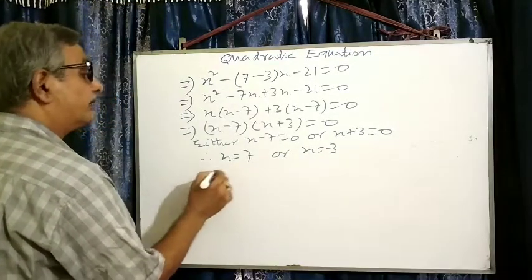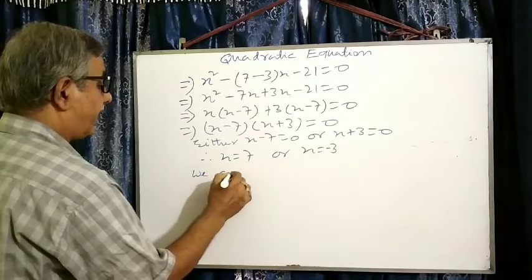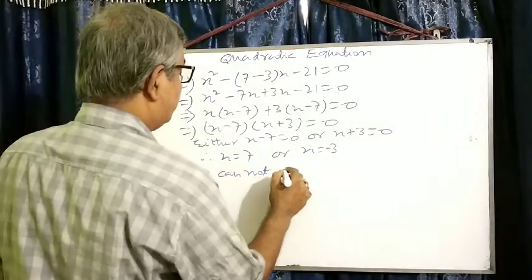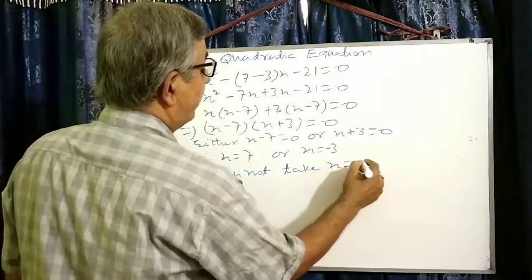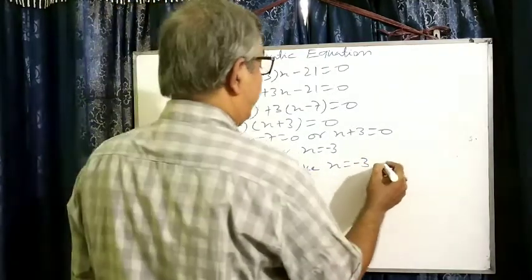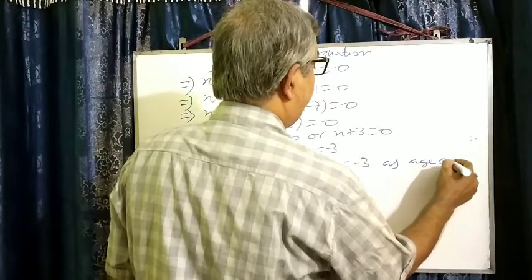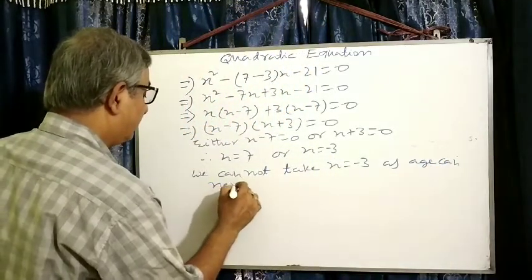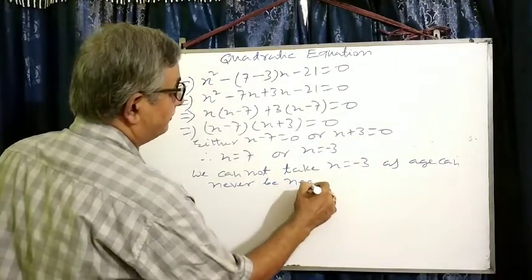We cannot take x is equal to minus 3, as age can never be negative.